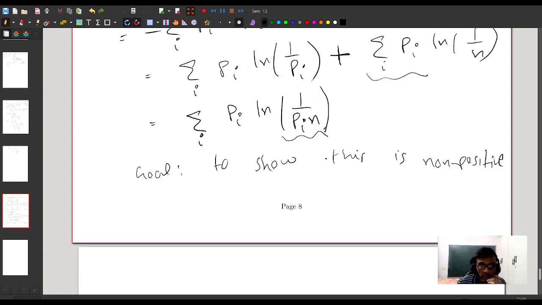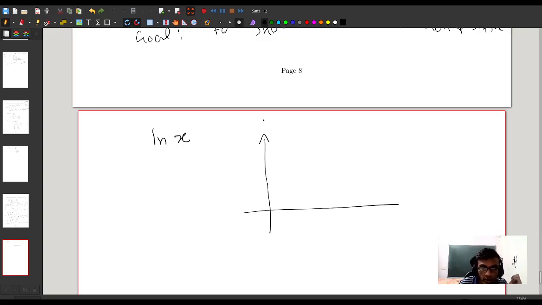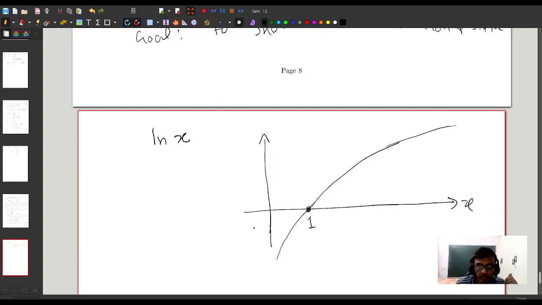So let us use a nice property to consider this function log ln x. So I'm just trying to plot this. So it looks like this roughly. And let us also consider this function x minus 1.